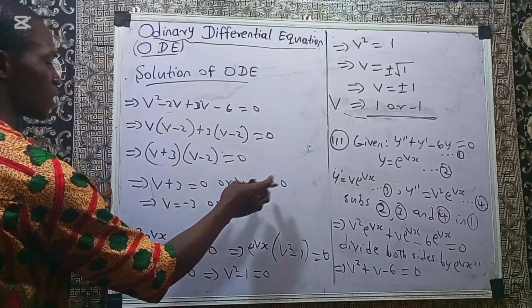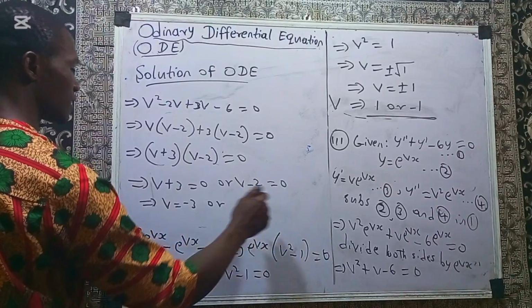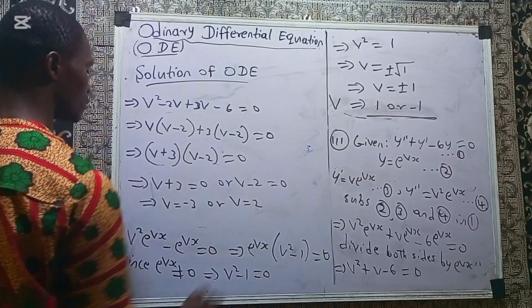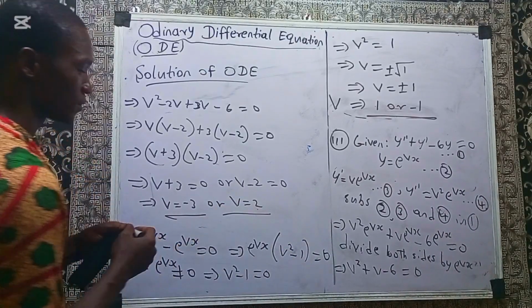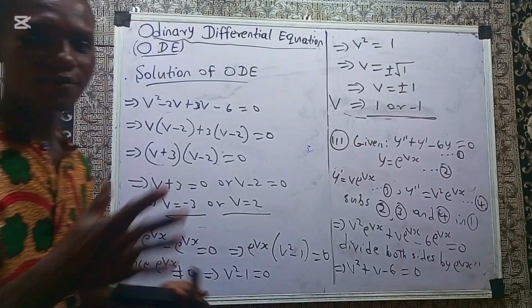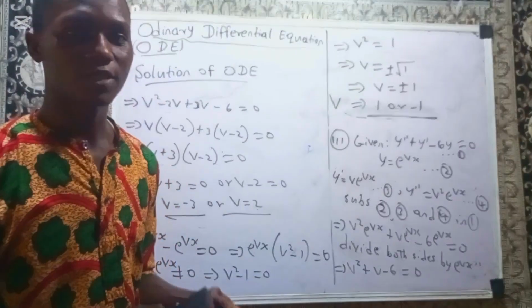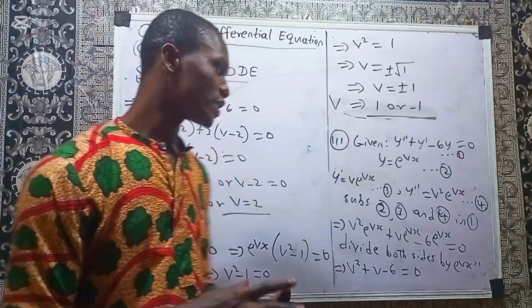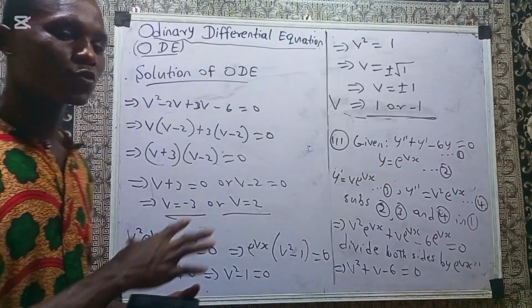Solving the second, move negative 2 to the right-hand side, and v equals positive 2. These are the two values of v. With this, we have concluded this part: the respective values of v for which exponential vx is a solution to the given ODE.